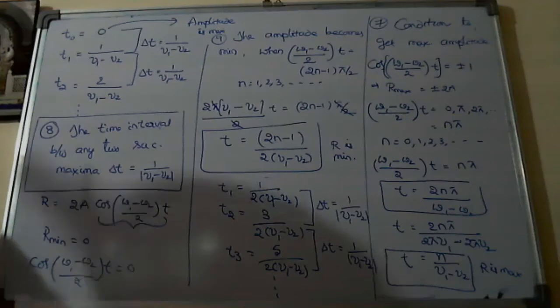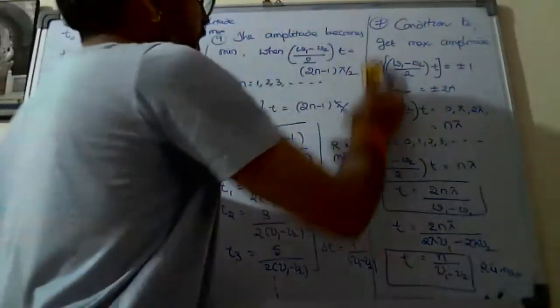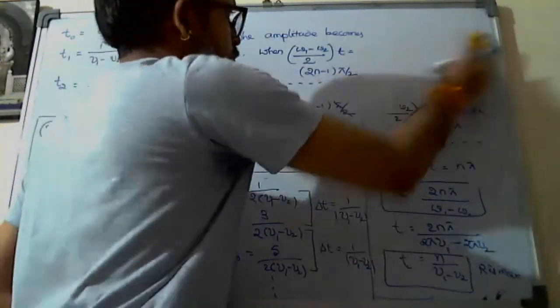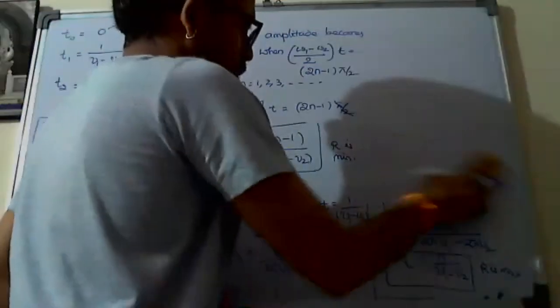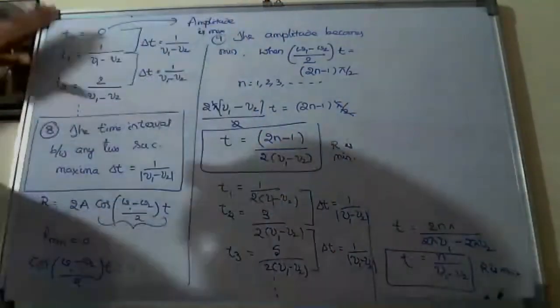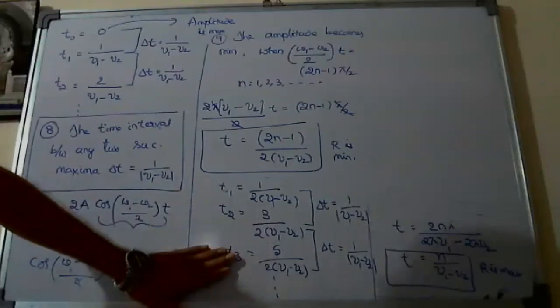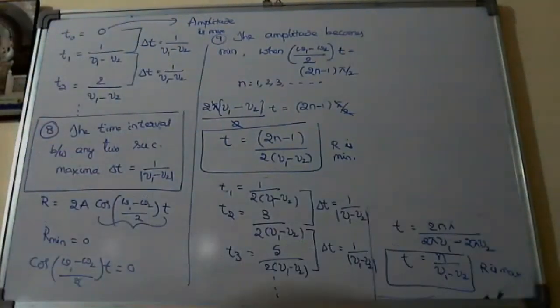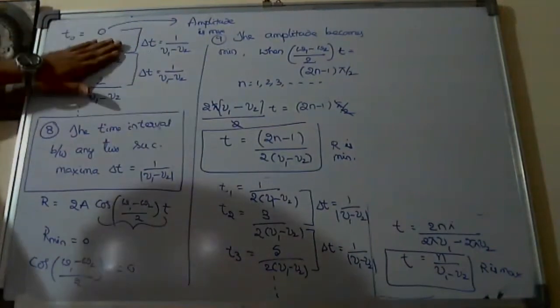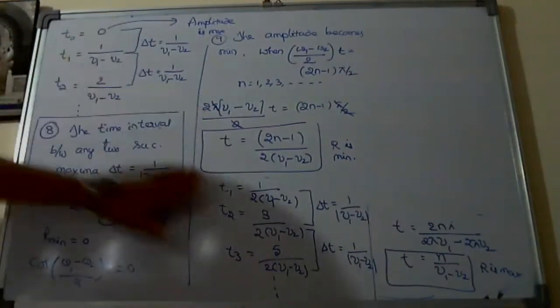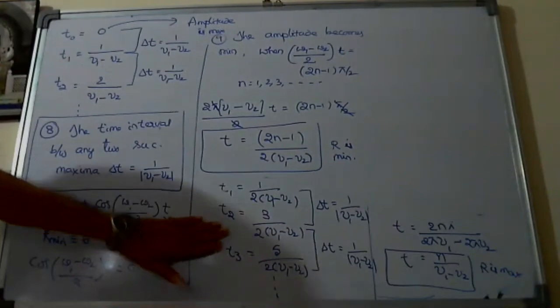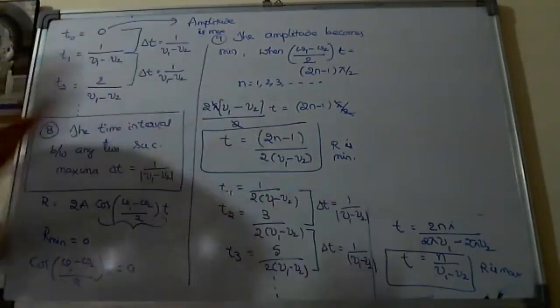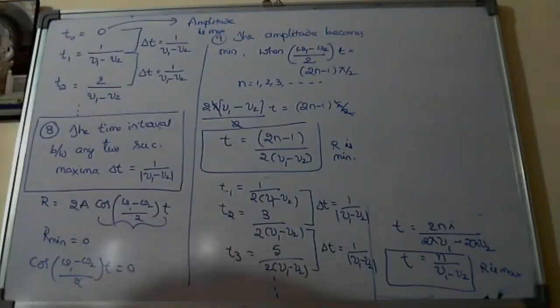So from the whole explanation on the board, we understood one thing: either maximum or minimum, the time intervals are equal. Between any two maxima or minima, the time interval will be the same, 1 by mu 1 minus mu 2. That's why they are regular intervals of time.